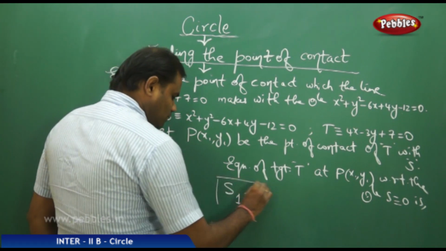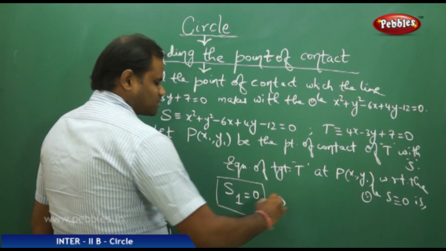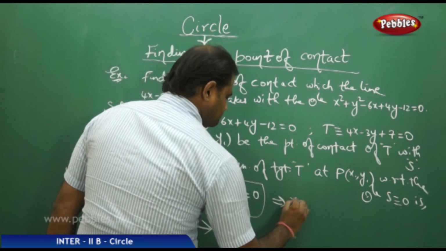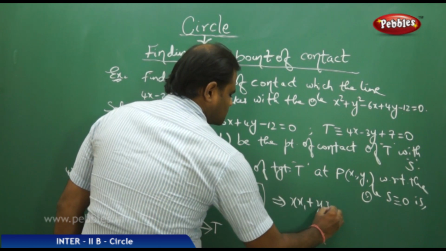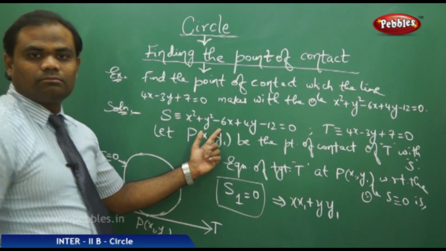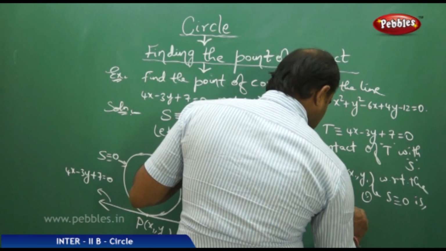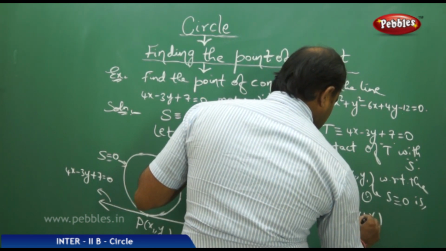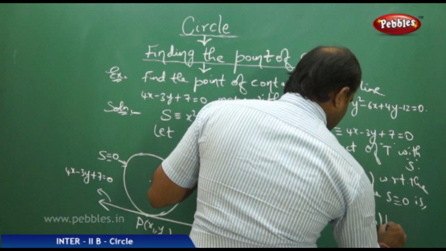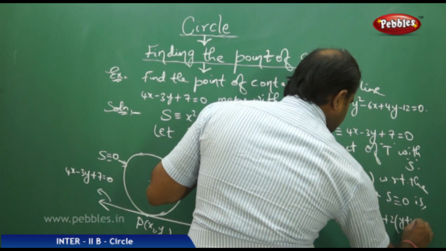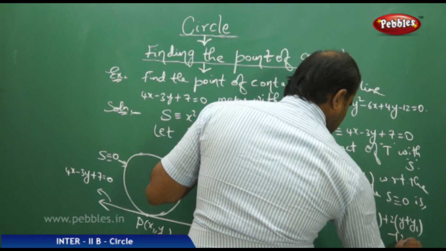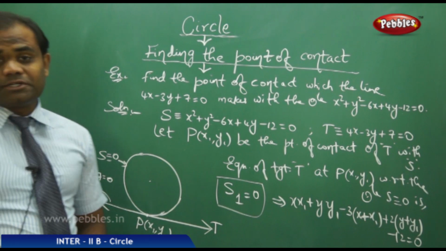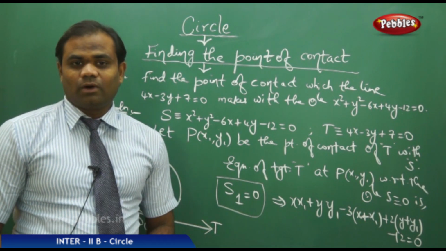So using this S1 equal to 0, we have xx1 plus yy1 minus half of minus 6, which is minus 3, times (x plus x1), plus half of 2 times (y plus y1). This, on further simplification, gives us the equation of tangent in terms of x1, y1.